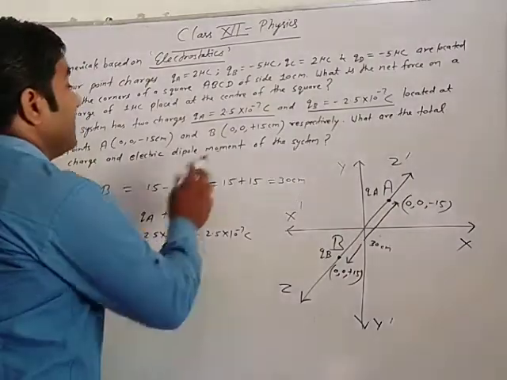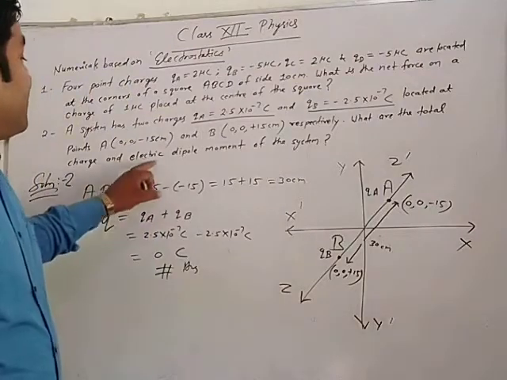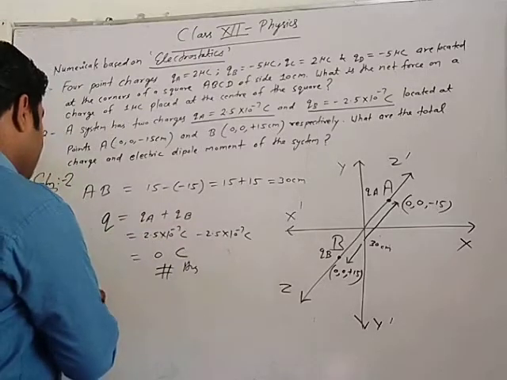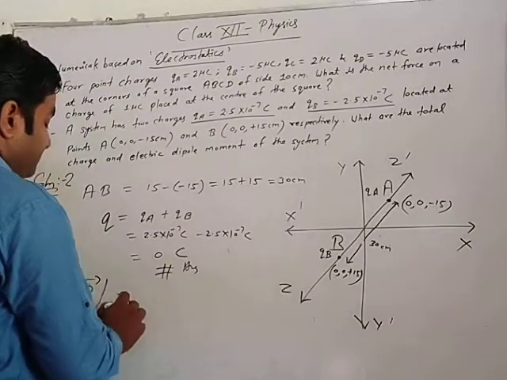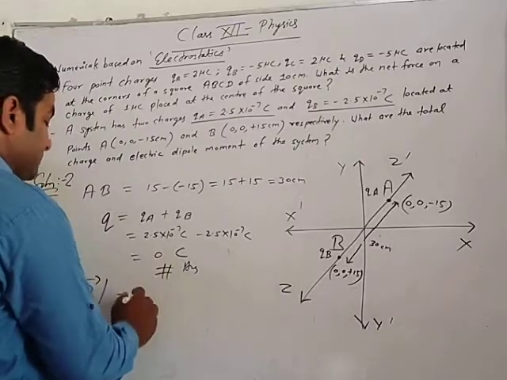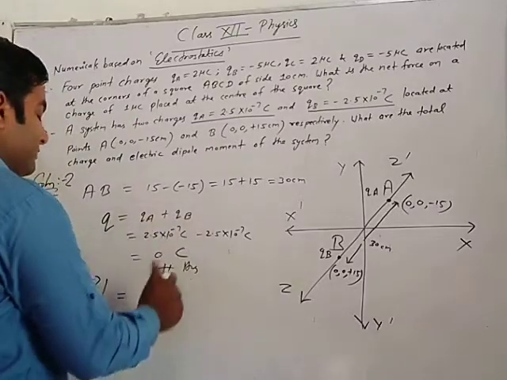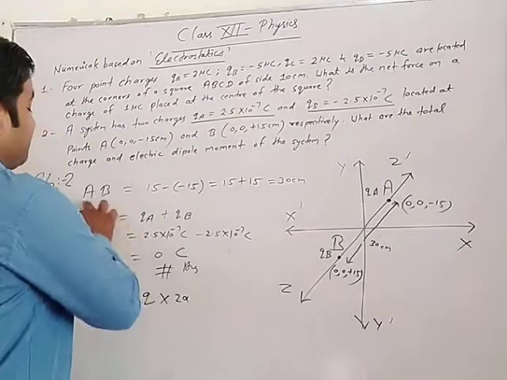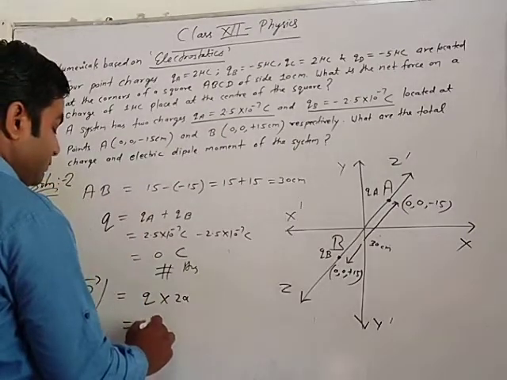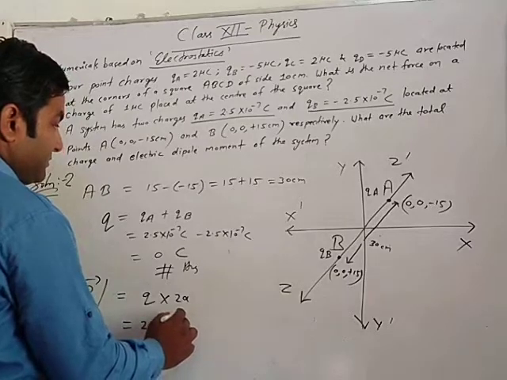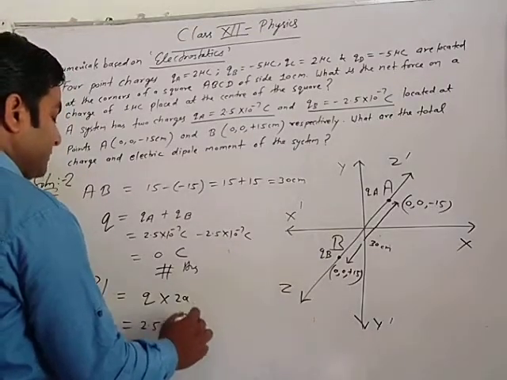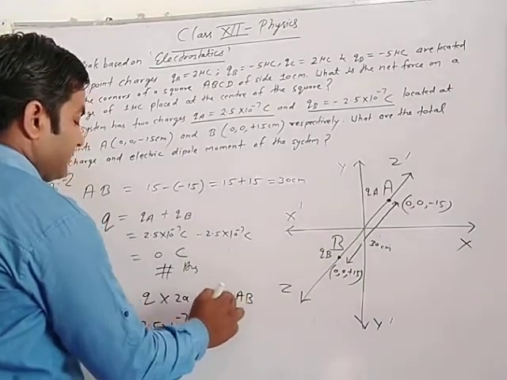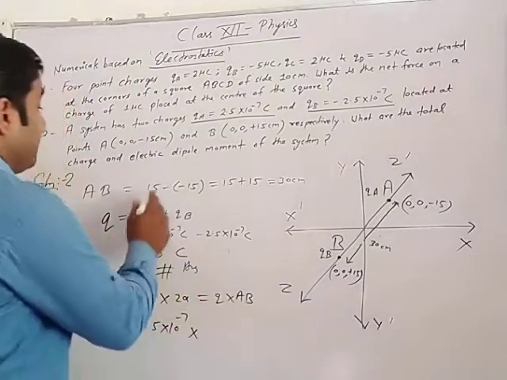And second, the dipole moment. The dipole moment P is equal to the magnitude of either QA or QB, into 2A. 2A means the distance AB. Q is 2.5 into 10 power minus 7 coulomb, into 2A, which is AB. The AB value given is 30 centimeter.